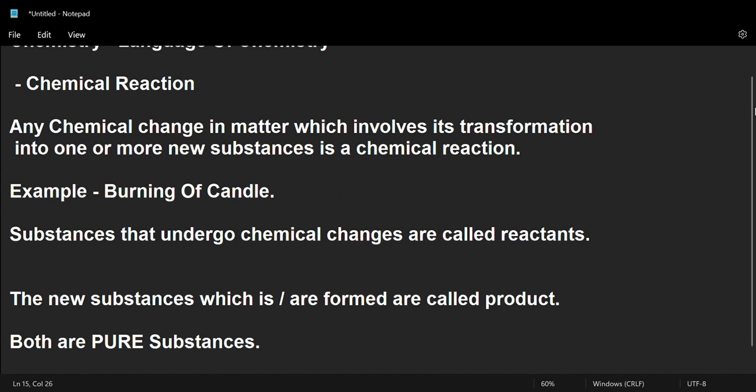So, the ways of writing the formula, like that. Now, potassium chlorate, a compound, changes into two new substances on heating: a compound, potassium chloride, and an element, oxygen.